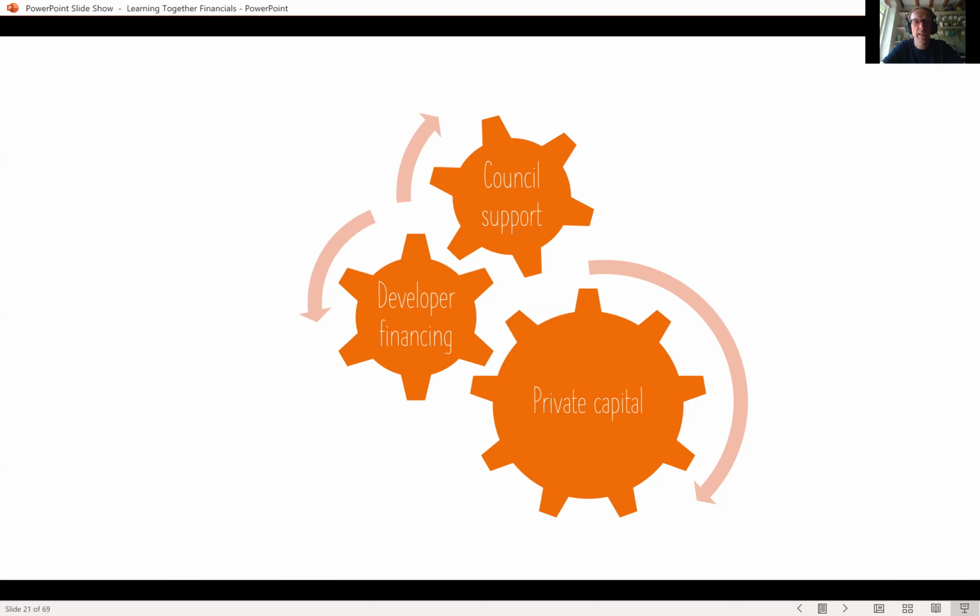So the cogs there: the private capital, some developer financing, as you saw, and then some council support, but I guess quite a smaller amount of council support compared to other projects. But this does come up quite often in projects, that there is some sort of local council support behind it all.